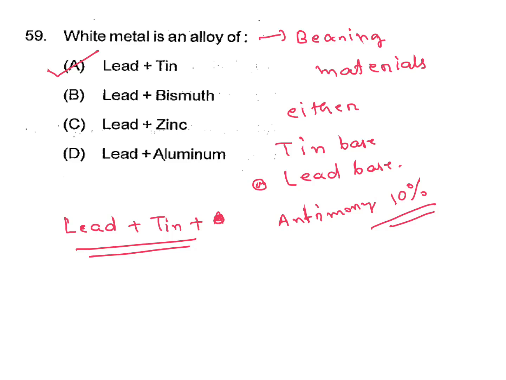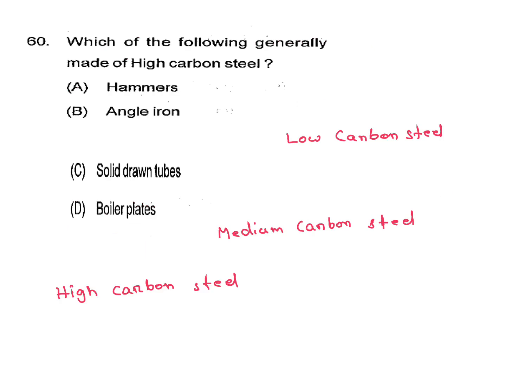Which of the following is generally made of high carbon steel? Its answer is A, hammers. Hammer is made of high carbon steel. Here percentage are also important. Low carbon steel, medium carbon steel and high carbon steel. Mild steel is an example of low carbon steel.